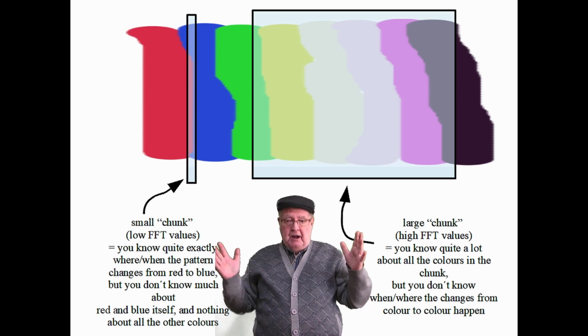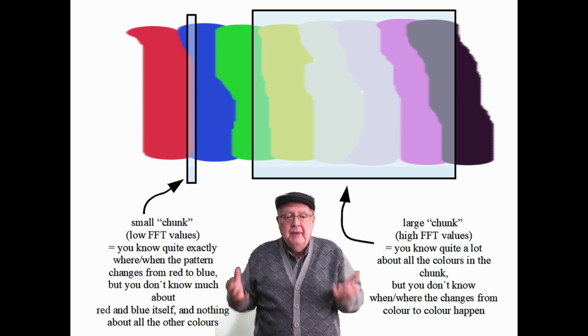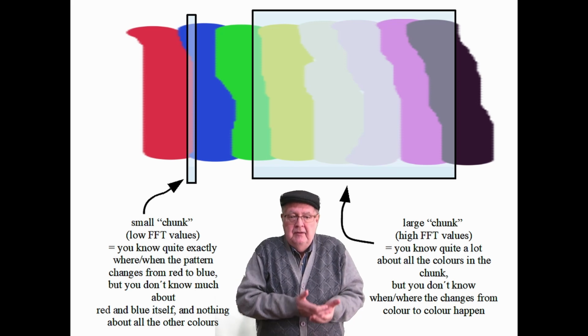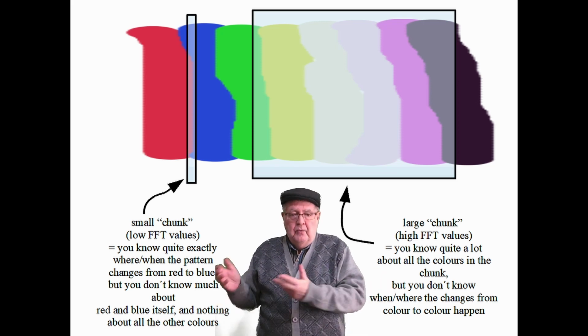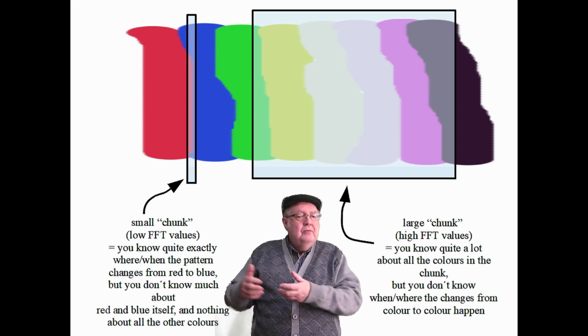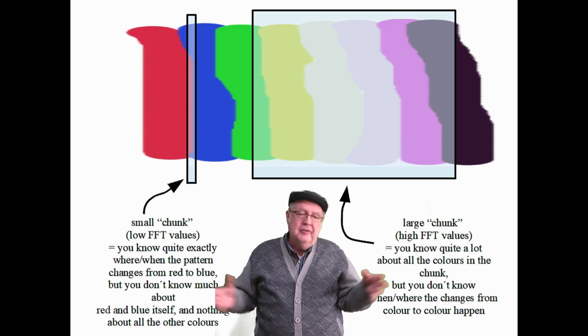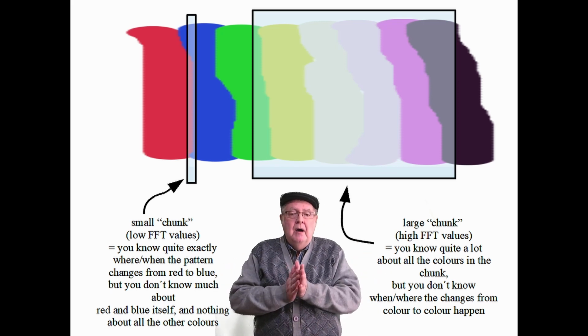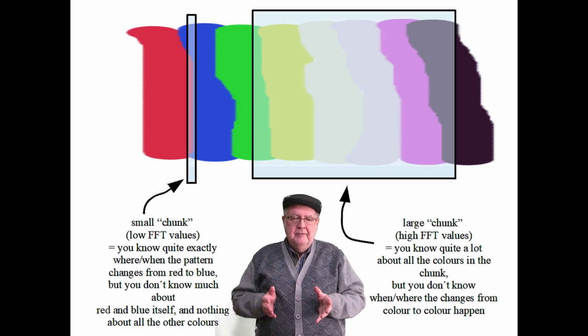With large chunks, on the other hand, it is vice versa. The chunk delivers a lot of information about the colors it contains, but no information where or when which color changes to which other color. And we get all colors more or less at the same time, or at least with extremely blurred transitions.